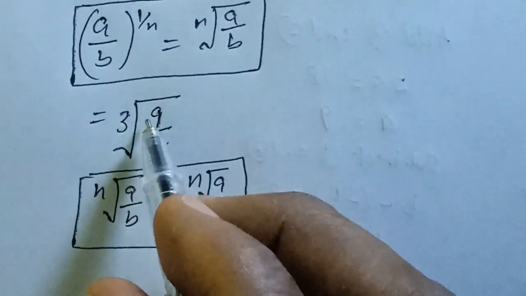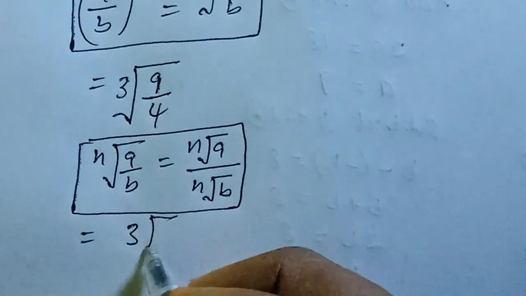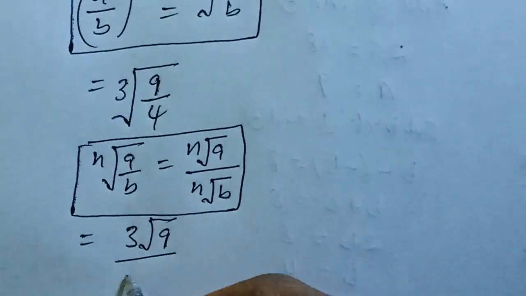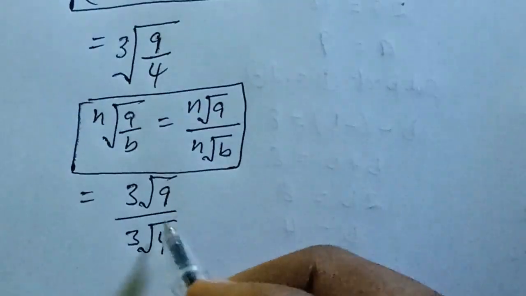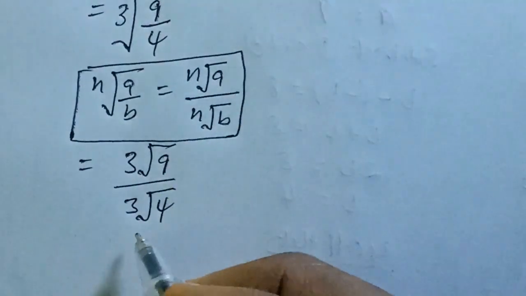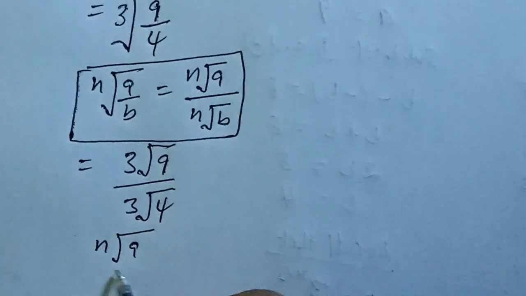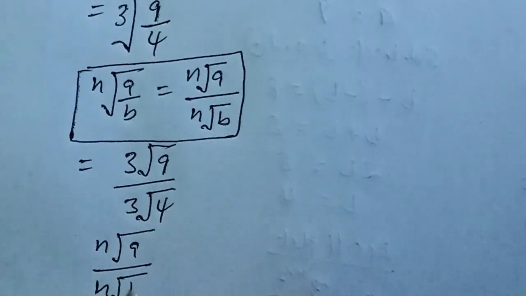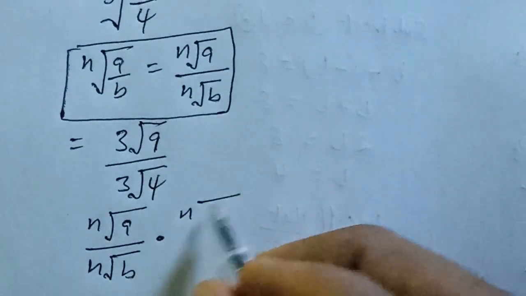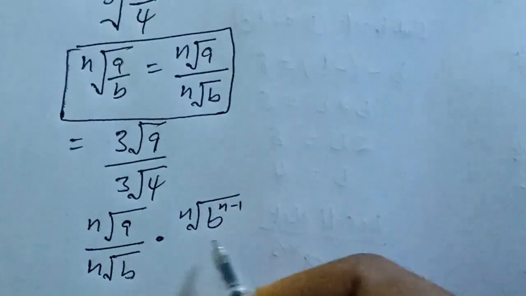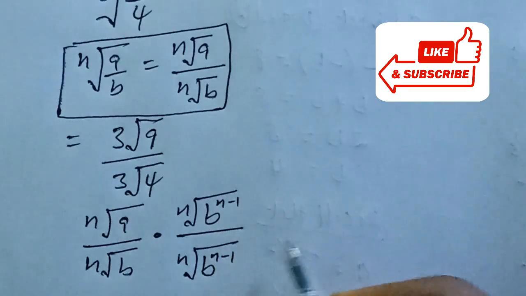So we can transform this as equal to the cube root of 9 over the cube root of 4. Then we can also multiply this using this identity: if we have the nth root of A over the nth root of B, we can multiply it by the nth root of B raised to power n minus 1 over the nth root of B raised to power n minus 1.